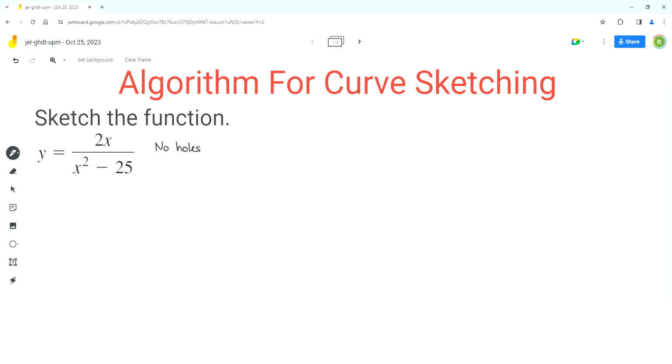Now we can find the vertical asymptotes in the function. The vertical asymptotes exist at x values that make the denominator equal to 0. So we can set the denominator expression equal to 0 and solve for x. We can add 25 to both sides. So we get x squared equals 25.